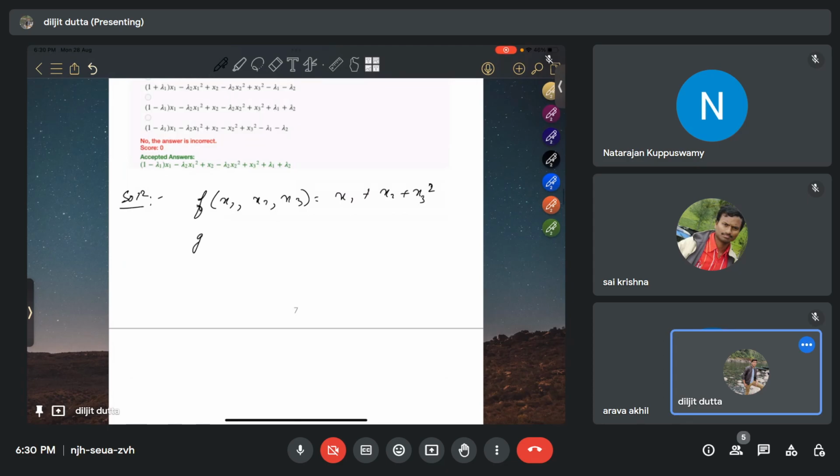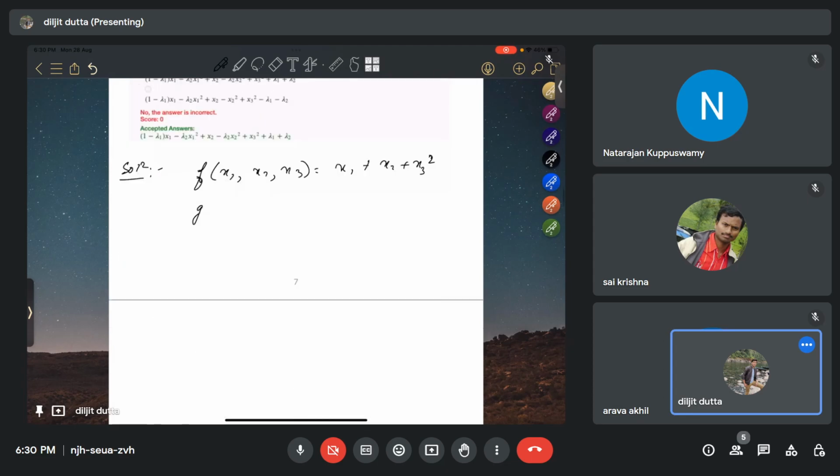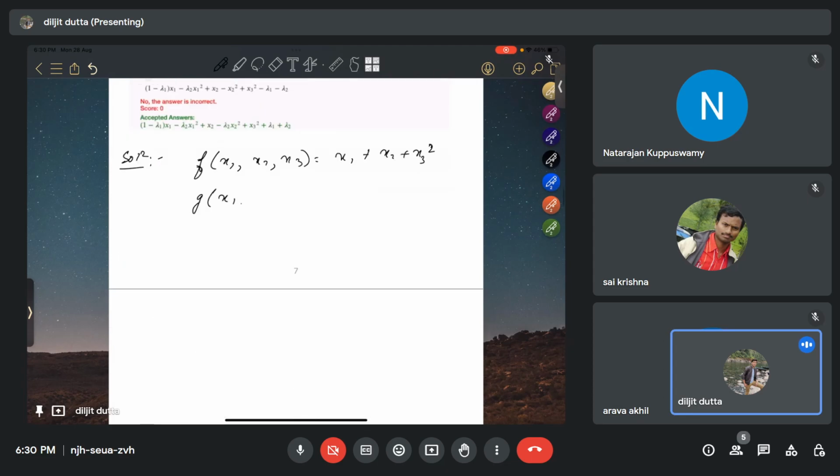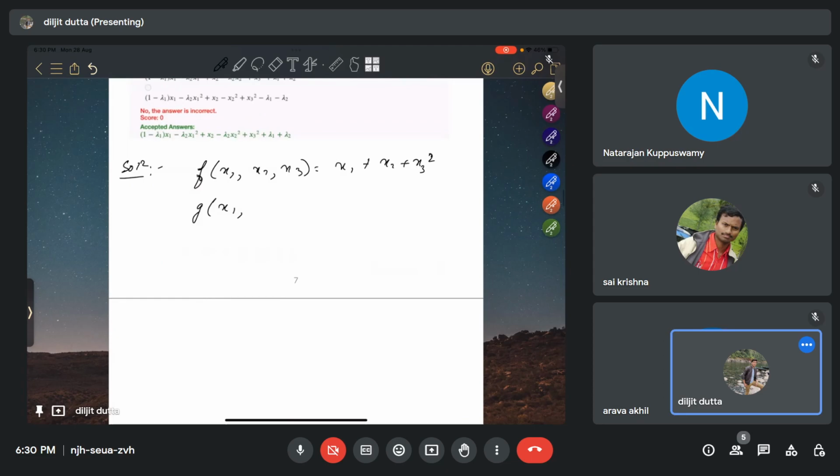Now we'll write one constraint as g1 of x1 equal to 0, and the next we'll write as g2.